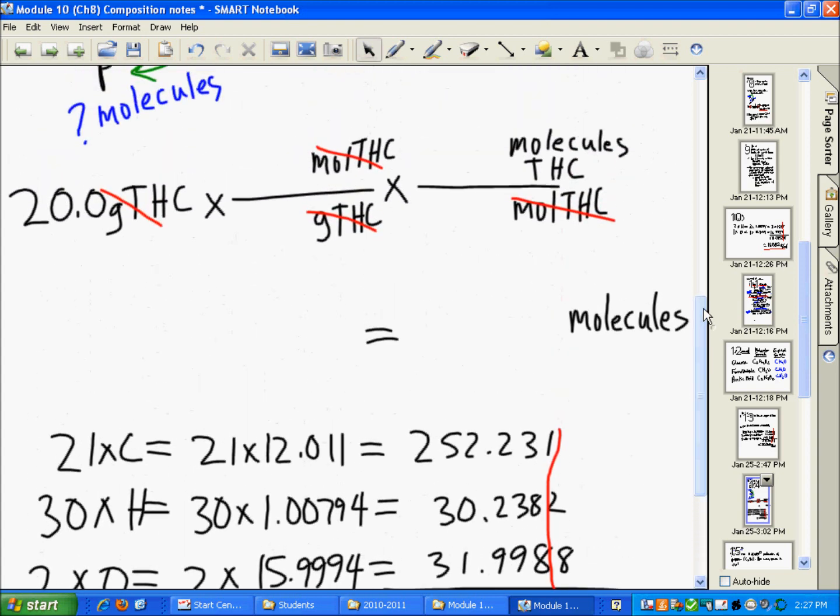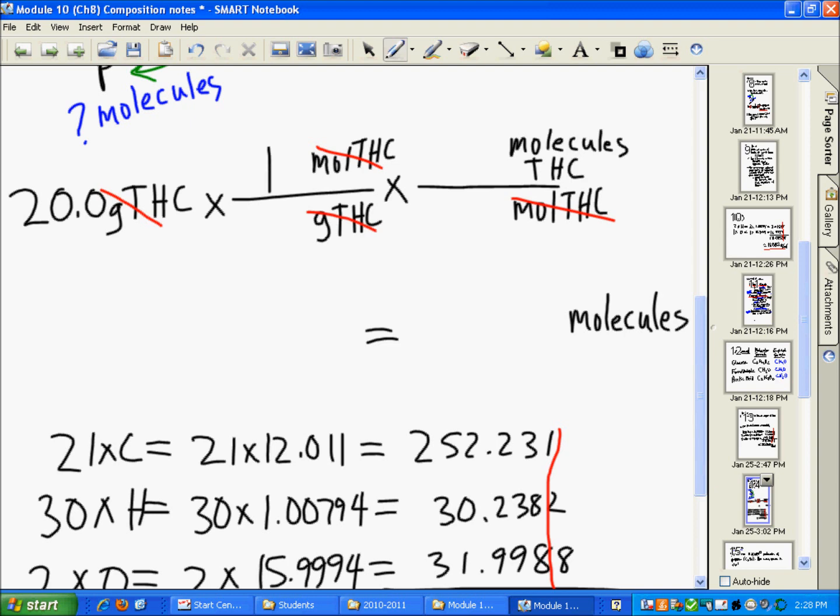So what numbers do we put in our mole over gram calculation? 314.468 goes on top or bottom? On bottom, because it's the grams for 1 mole.